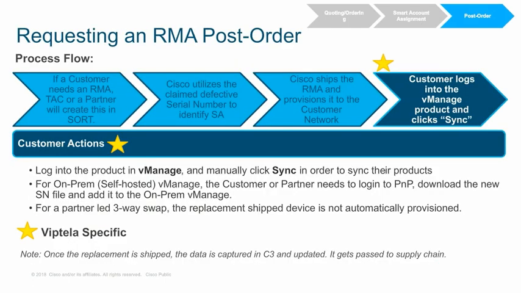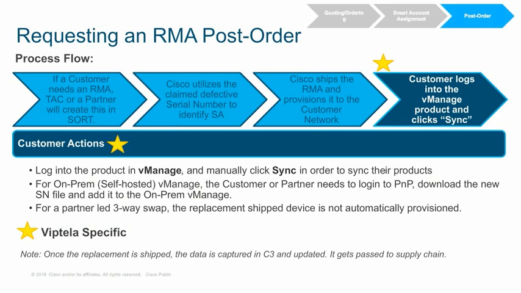Finally, we will review how a customer can request an RMA after order submission. If a customer needs an RMA, TAC or a partner will create the RMA in SORT. Cisco will then utilize the claimed defective serial number to identify the smart account. Next, Cisco will ship the RMA and provision it to the customer network.